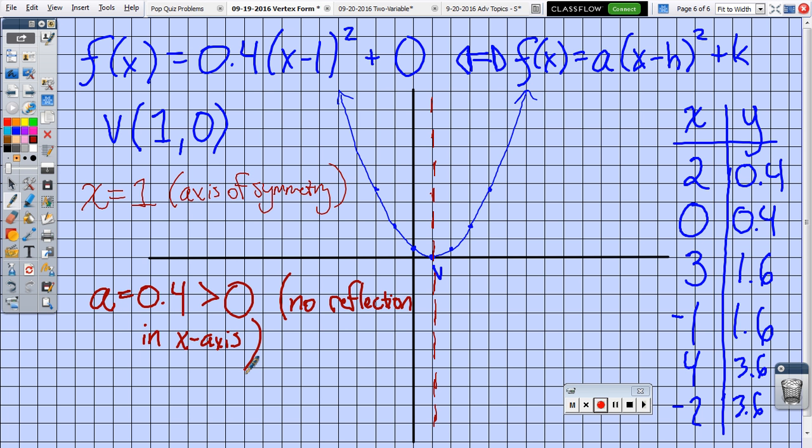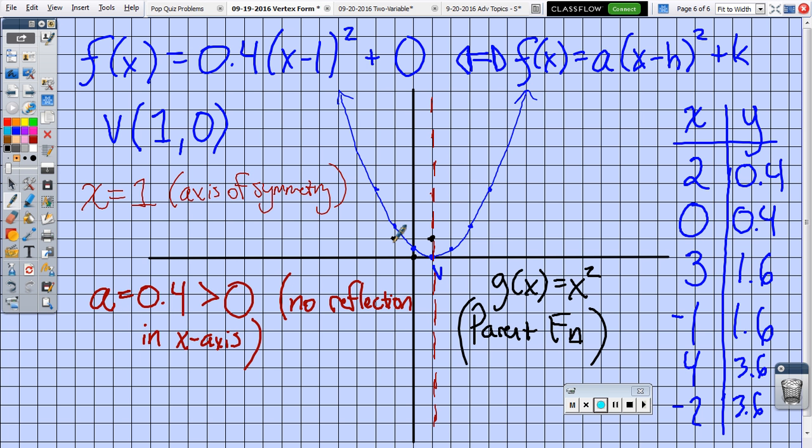Of course, I'm always talking about compared to the parent function. Let's go ahead and graph the parent function. The parent function, let's say, is g of x equals x squared. So when we plug in 1 for x, we get 1.